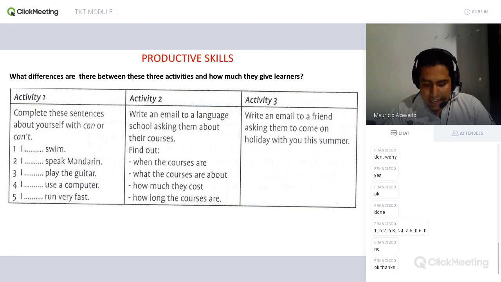Organize your ideas. Don't worry about the spelling and this stuff. Try to do your best.